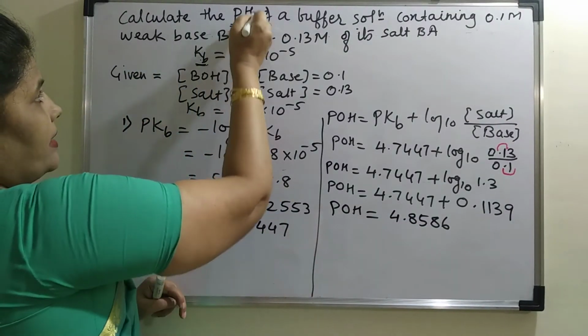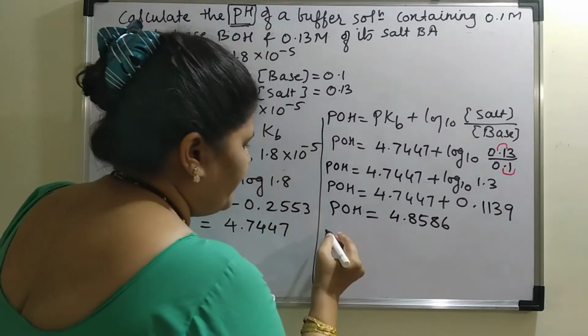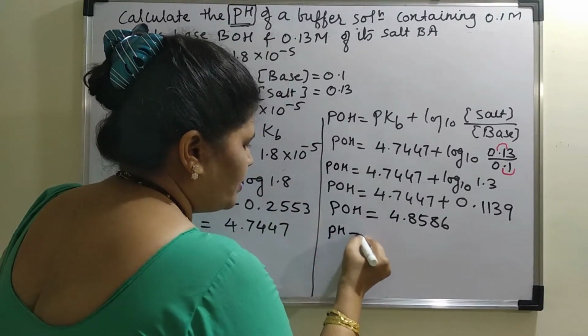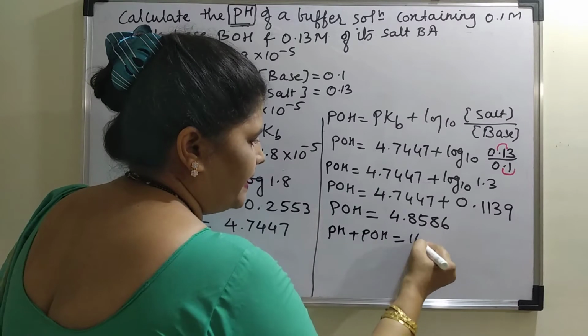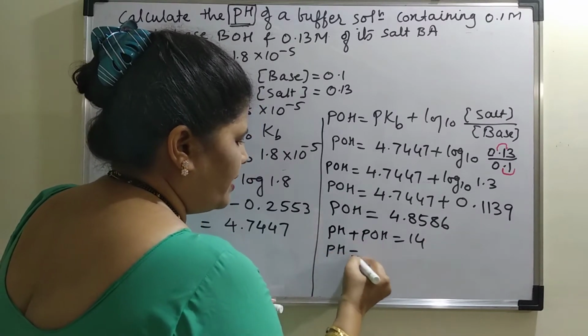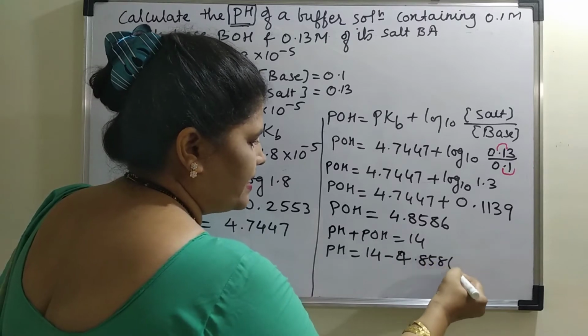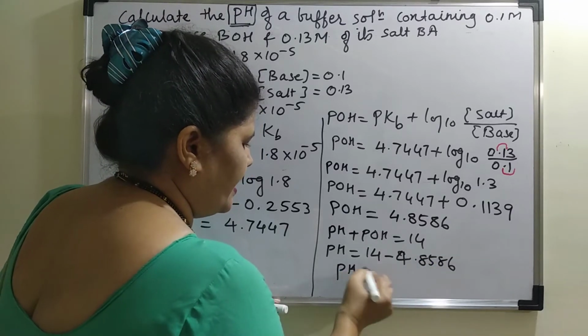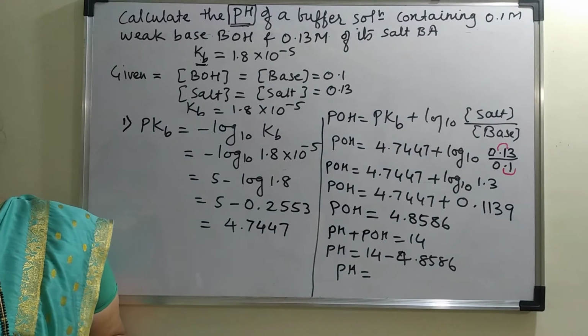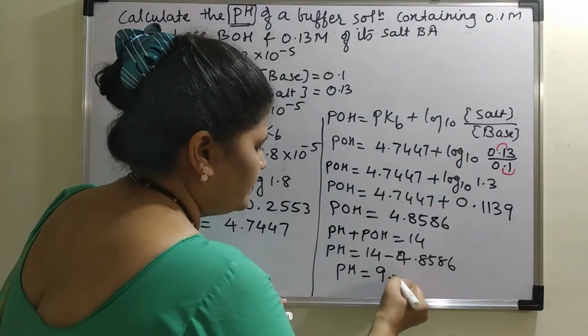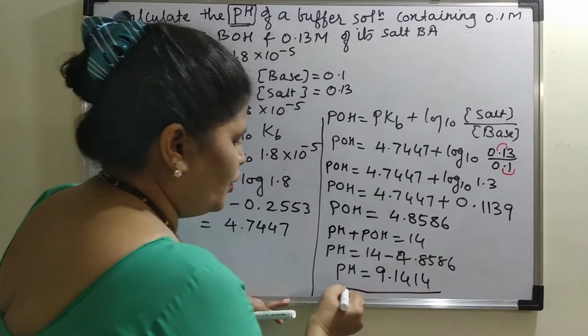My final answer, they want the pH. So what will be pH? pH plus pOH is equal to 14. So pH is equal to 14 minus 4.8586. So your pH answer here is 9.1414. So this is your answer.